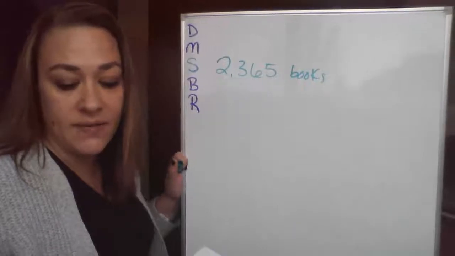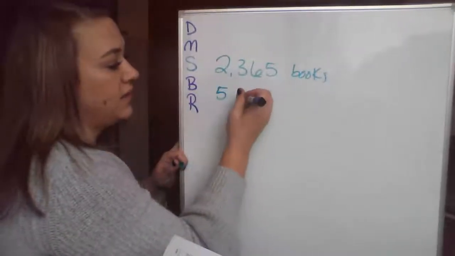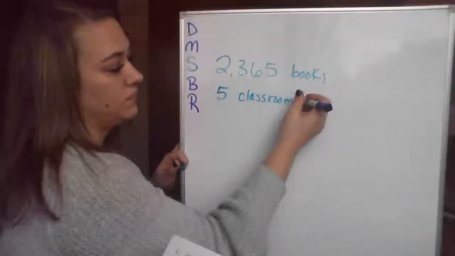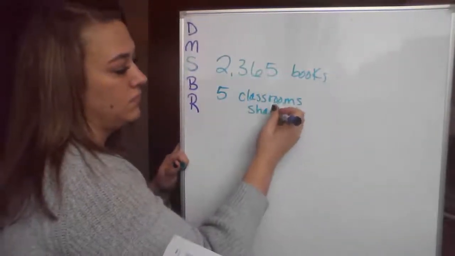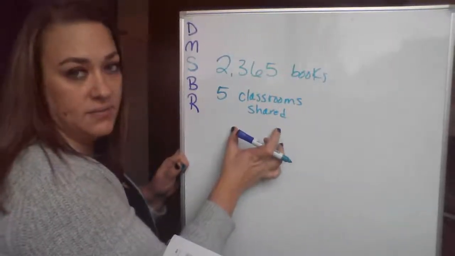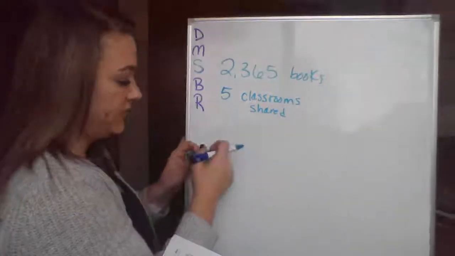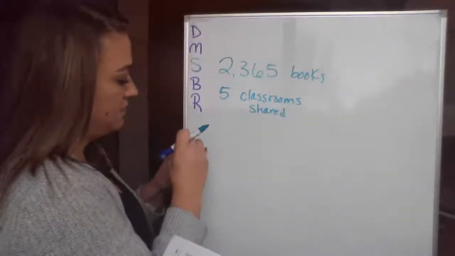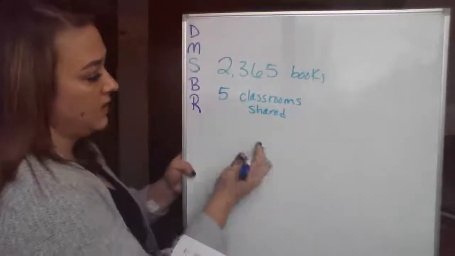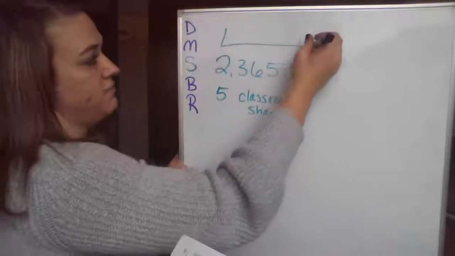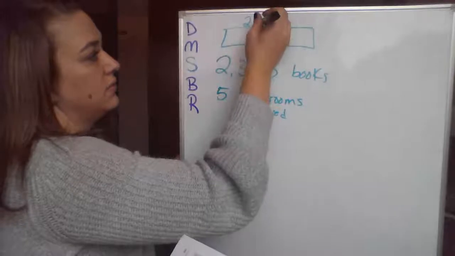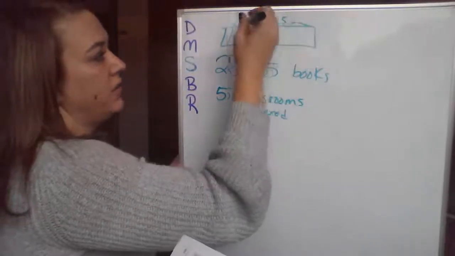We know how many books we have, and we know that 5 classrooms shared them. And our question is, how many books did each of those classrooms get? I want you to think about that for a second. What's our quotient? What's our equation going to look like? So if I were to draw this in my tape diagram, I know I have 2,365 as my whole.